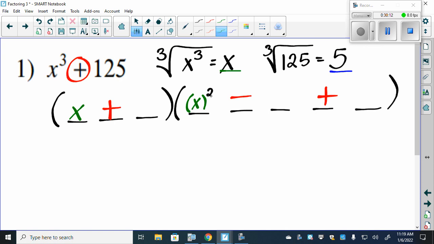That first term to the second power. In the next spot, we're going to have x to the first power, or just x by itself. And in the last one, we technically have x to the 0 power. I'm going to write it above it because I don't normally write this in, because anything to the 0 power is 1. So it's just going to simplify to 1. So it normally doesn't get written in.